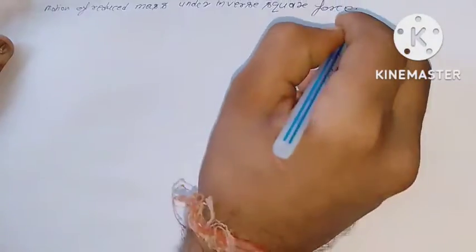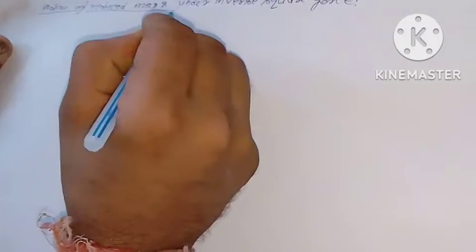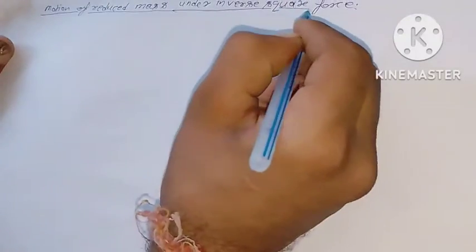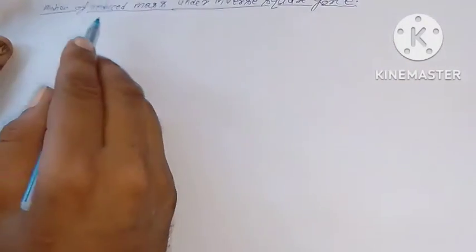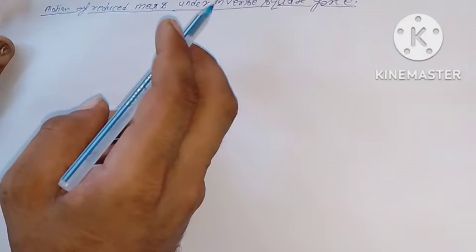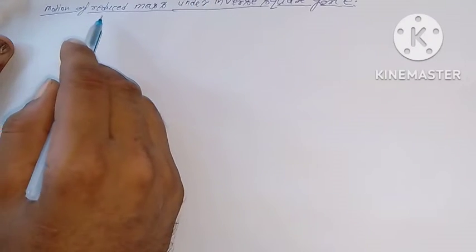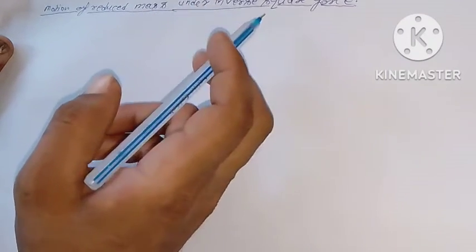Okay, chapter: motion of reduced mass under inverse square force. Okay, the most familiar example of inverse square force is the gravitational force.